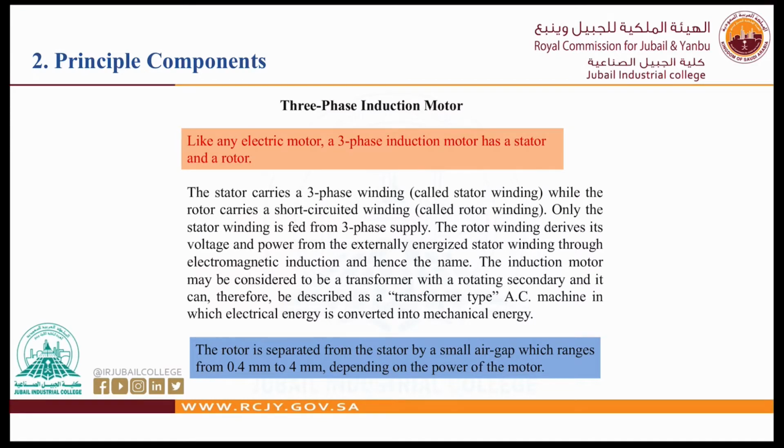So let's say we have a transformer. This is the core of the transformer. We will have a primary winding here, and we will have a secondary winding. Once we apply voltage to the primary winding, let's say 120 volts, and the circuit is closed, we will have current.